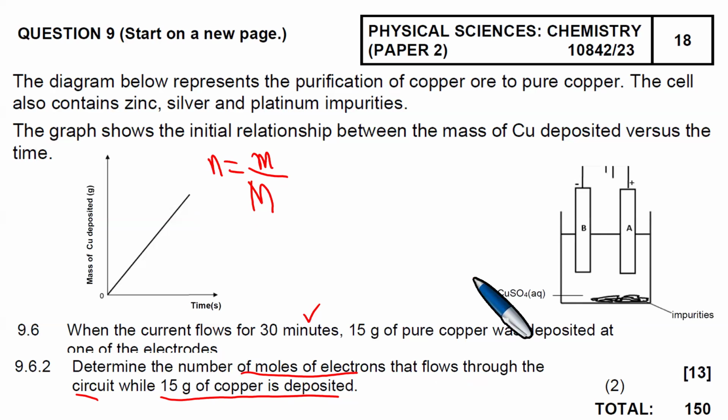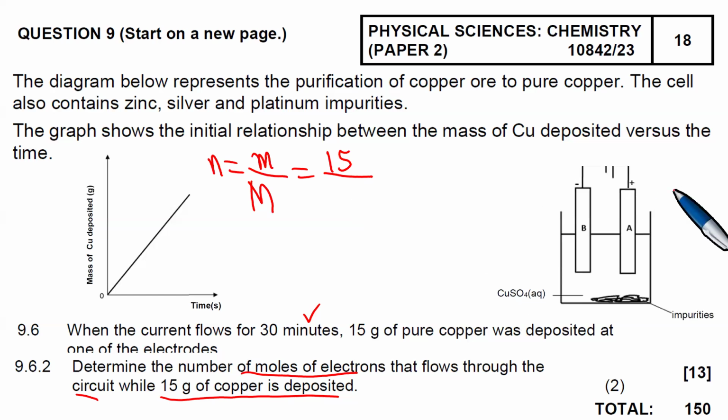Then they gave us the mass of copper, which is 15 grams. Just write 15. Yes, good.